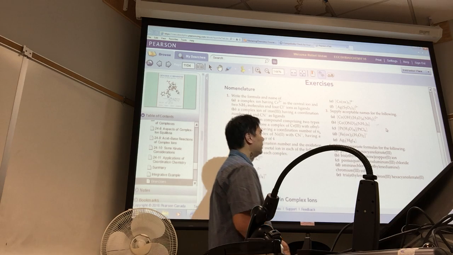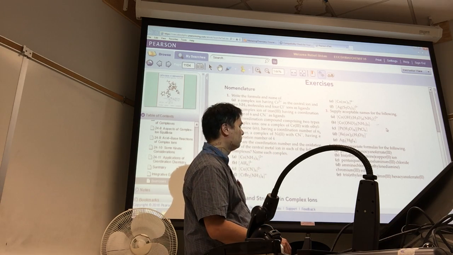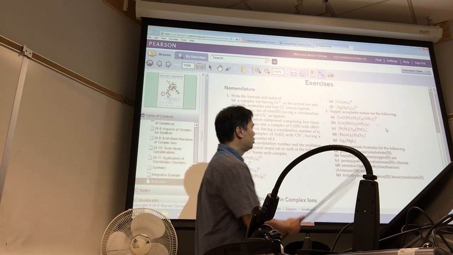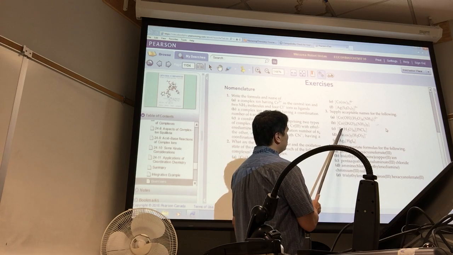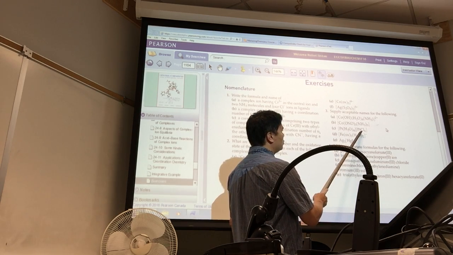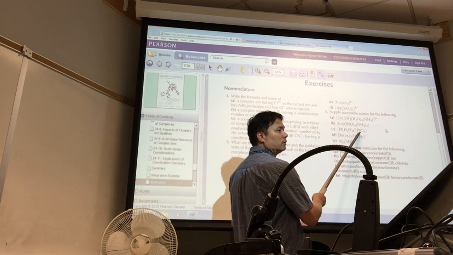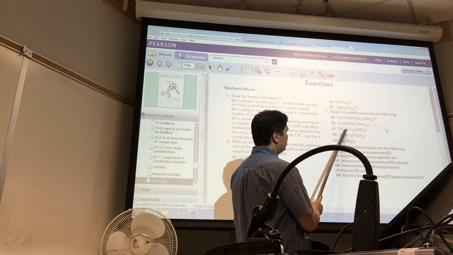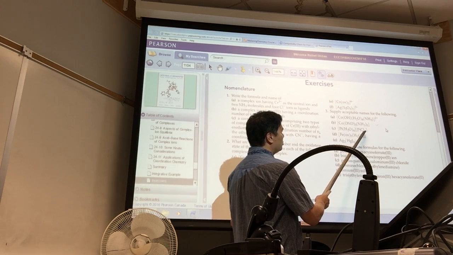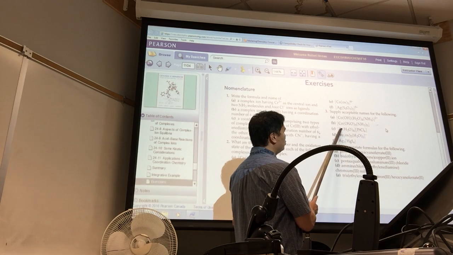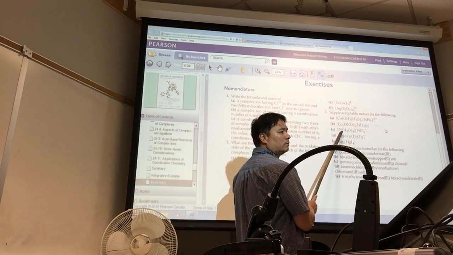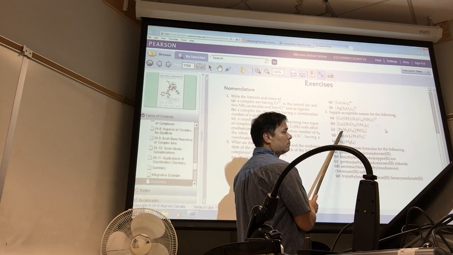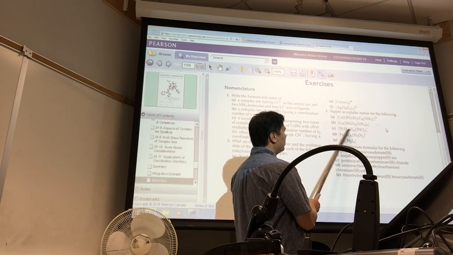Could they both be 2? So this is platinum 2, and this is platinum 2. Does that work out? They both can't be 2. If this were 2 and this were 2, this would be a -4. We need 2 of these cations. Could this one be 4 and this one be 2?